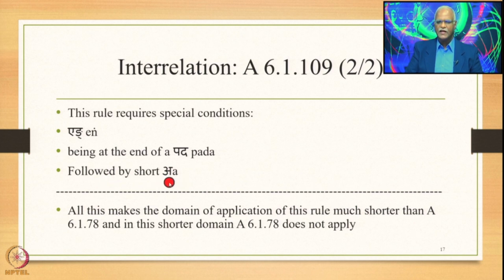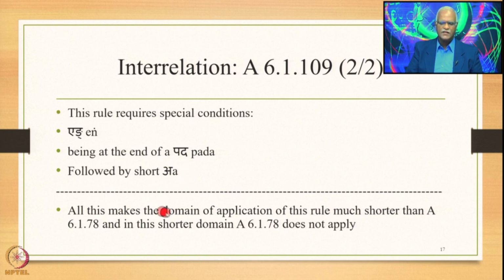We noted that echo yavayavaha requires ech. There is no condition that it should be at the end of a pada. It can be at the end of a pada or it can be within a pada, and any ach is the right hand side environment for echo yavayavaha. But for 6.1.109, some special conditions are required.